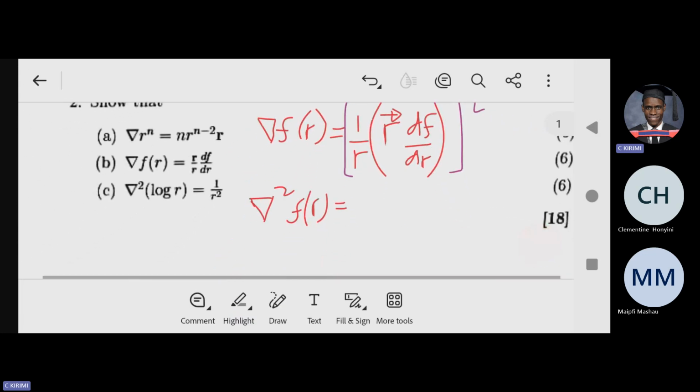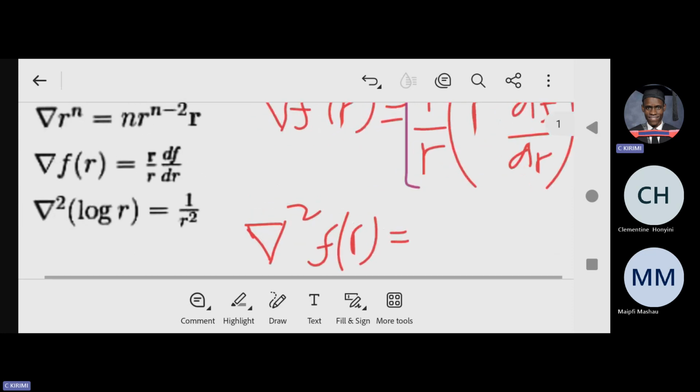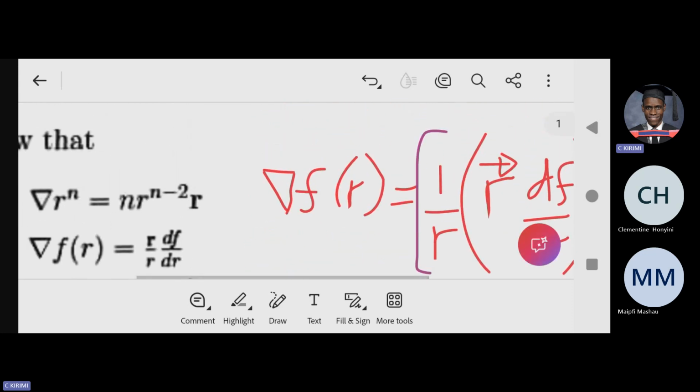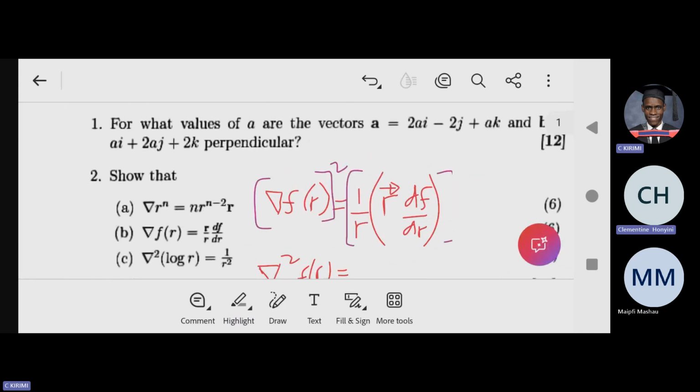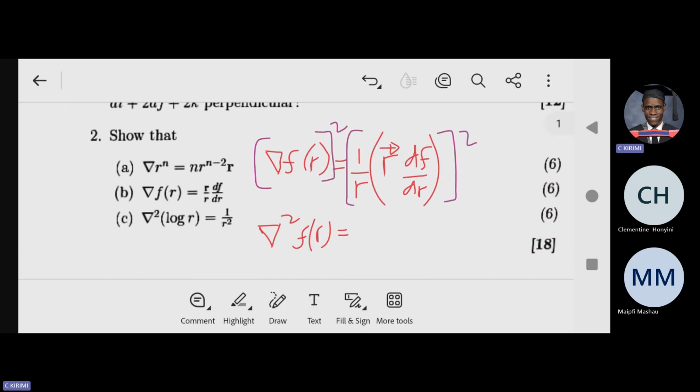You are squaring the whole term. And on the left, when you square the left, it's an equation, so even the right, you must also square the left-hand side. Any question here? Our squaring is because we have to use the squared form.